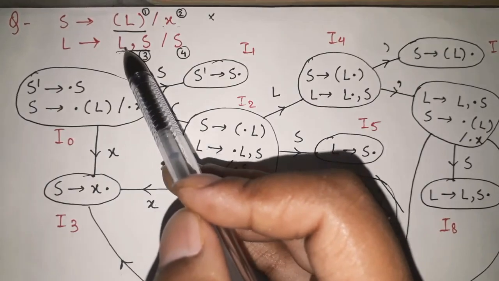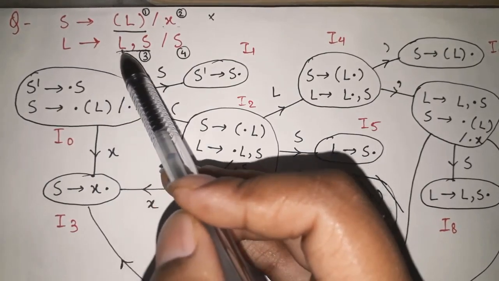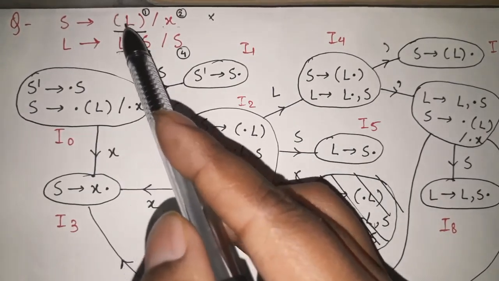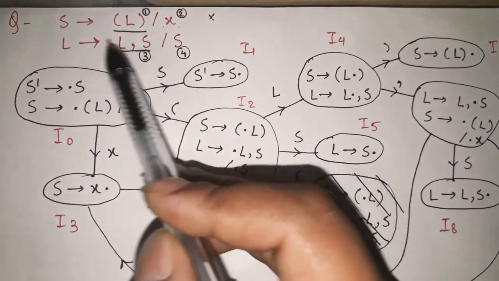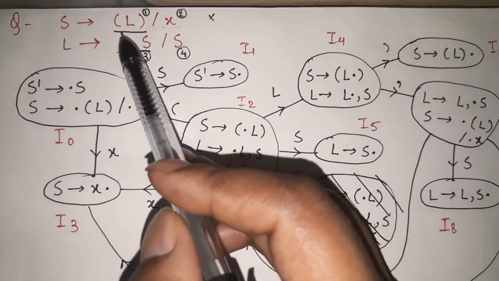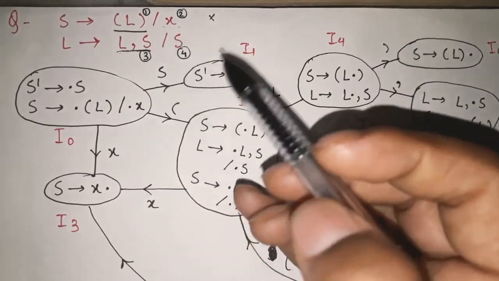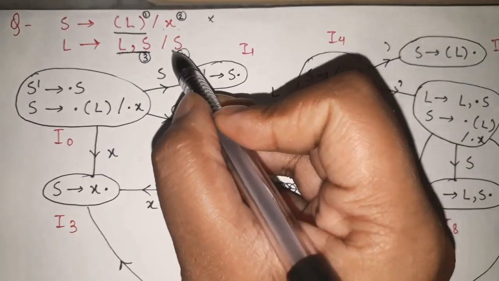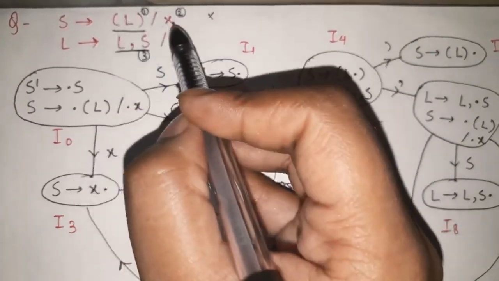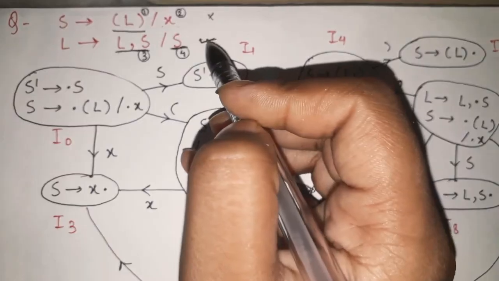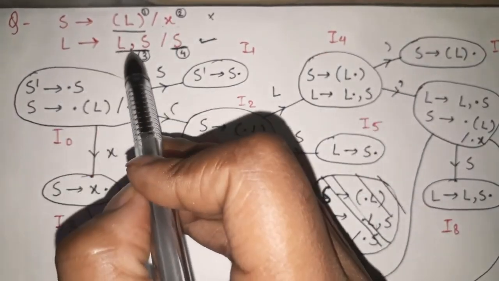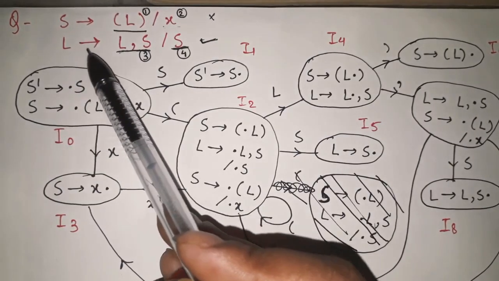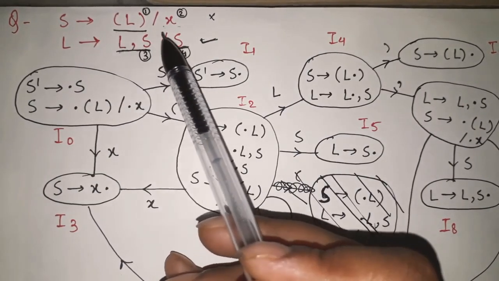What will be the first set of capital L? Here first of S is the opening bracket and X, and first of L will be equal to first of S, and that will also be the opening bracket and X. So this production will be written in the opening bracket and X, and this production will also be written in the opening bracket and X. So yes, in this case we will get a conflict because both the productions will be written in the row of capital L and in the column of the opening bracket and small x.